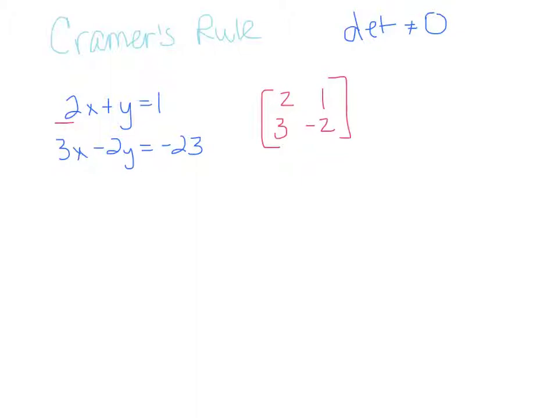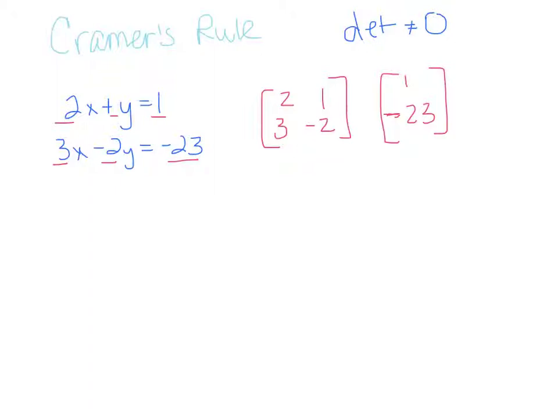There's 2, 1, 3, negative 2. All right, and then we're going to have what we could call a constant matrix, which is going to be the other side, which is 1 and negative 23. So I need those two matrices to start with.